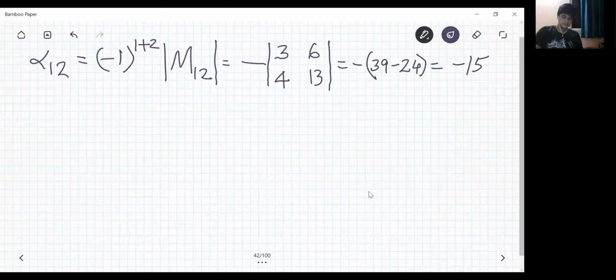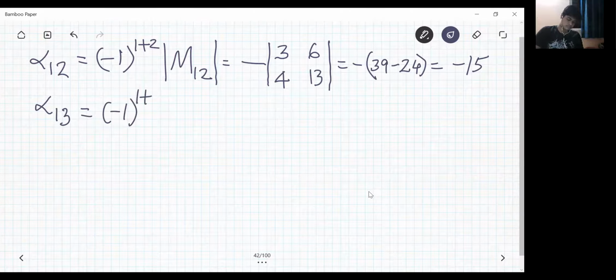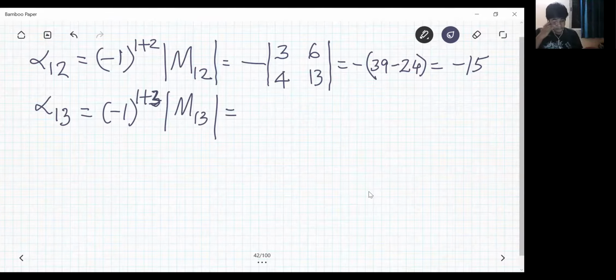Like that, alpha 1, 3 is minus 1 to the power of 1 plus 3 multiplied by M13. Now 1 plus 3 is 4, so this gives a plus sign. We will not write the plus.